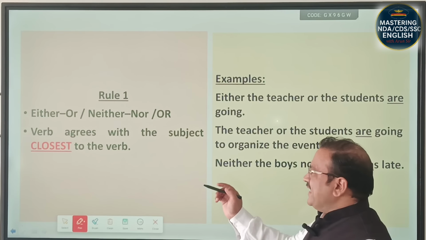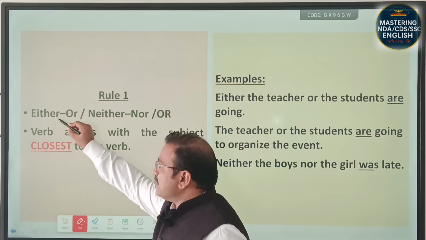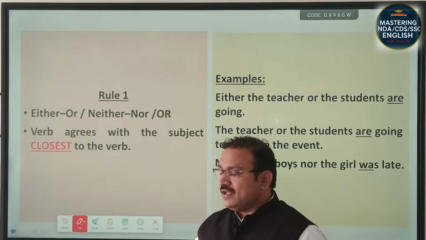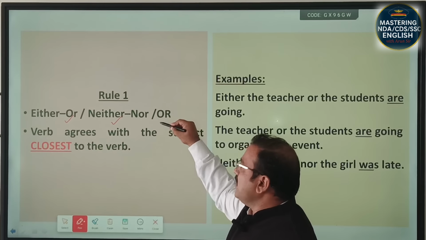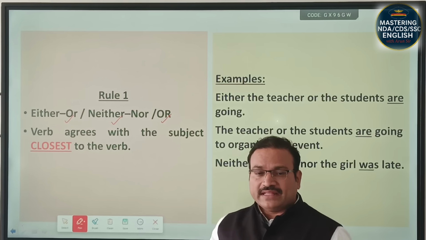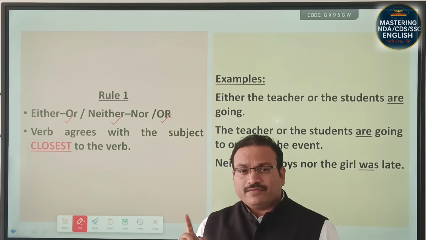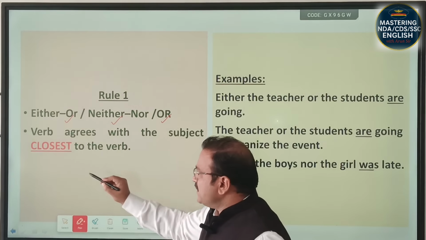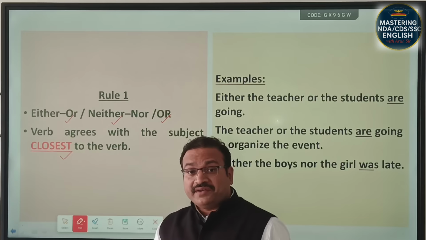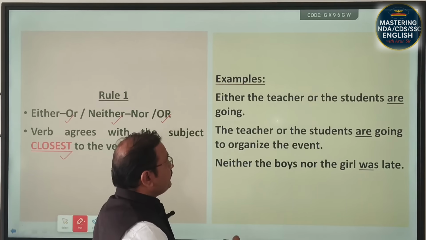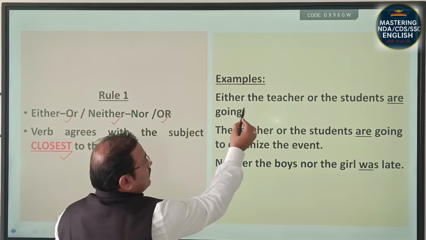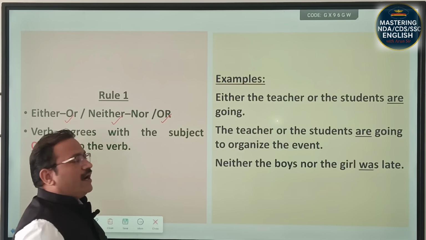Rule number 1 says, if two subjects in a sentence are joined by either or, neither nor, and or, then the verb will agree with the subject closest to it, nearest to it. Let's understand this. Either the teacher or the students are going.